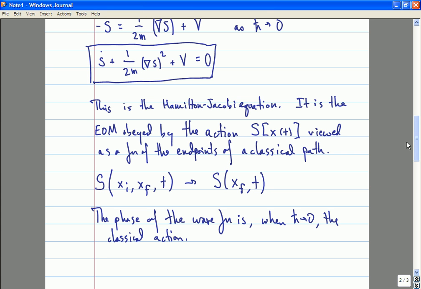So for a classical particle with a definite position, you should really regard the wave function as being a delta function in the radial component and the classical action in its phase. Good. Any questions? Excellent. Okay.